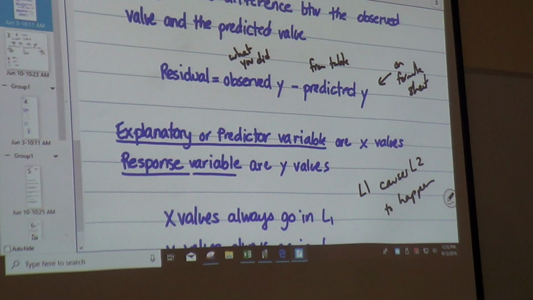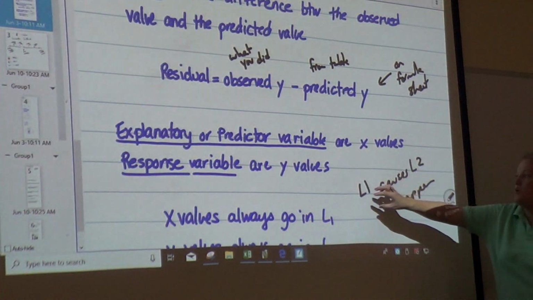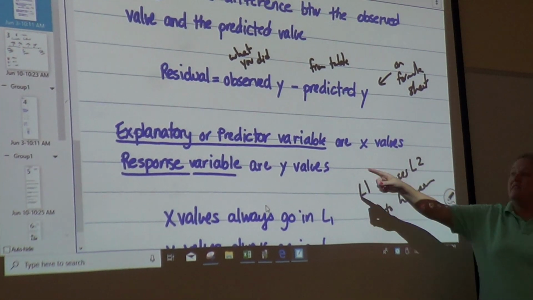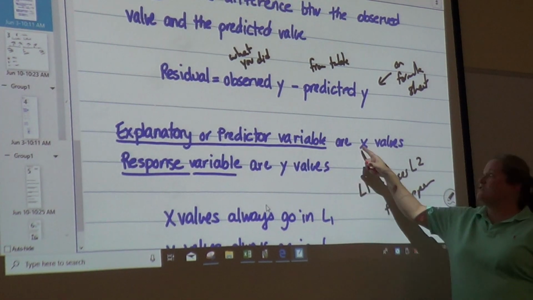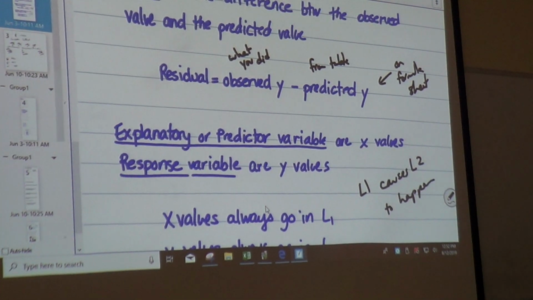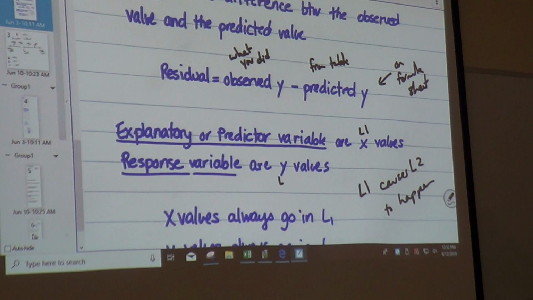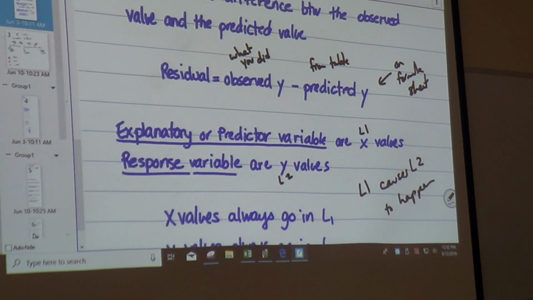And when I give you two sets of lists, L1 always causes L2 to happen. The faster I drive, the quicker I get to work. The more I eat, the fatter I get. So L1 always causes L2 to happen. The explanatory or predictor values are going to be your X, which is your L1, and your L2 are going to be the response values.